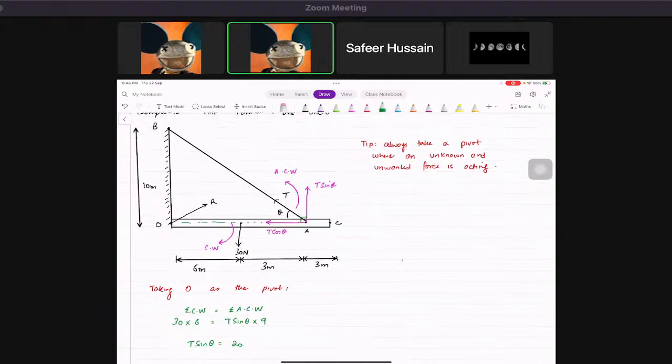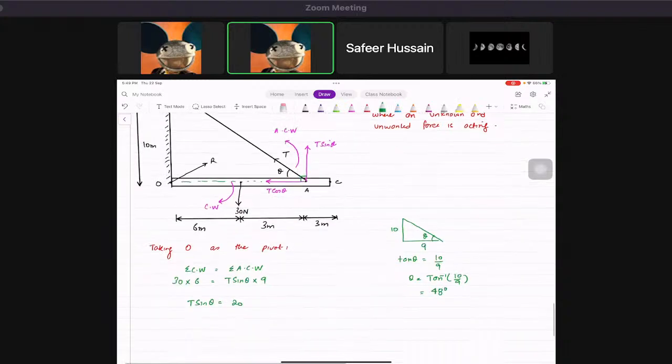The figure basically is like this, a triangle. This side is 9, this side is 10, and this is what I need. So I can simply use tan theta equals 10 over 9 to find the angle. So theta is going to be tan inverse of 10 over 9, and that gives us 48 degrees. So when I put it in, t sine 48 degrees equals 20. So t will be equal to 27 newtons.